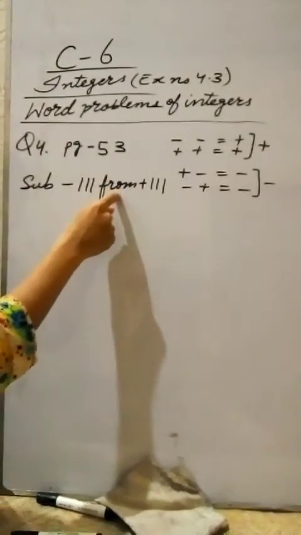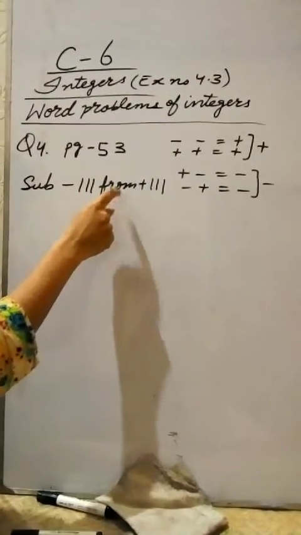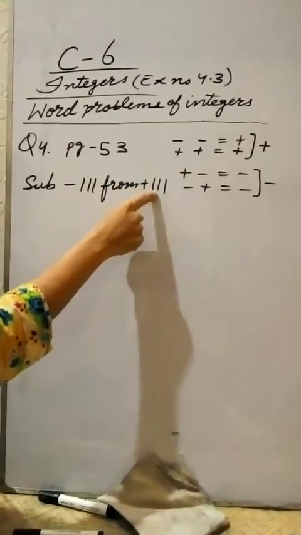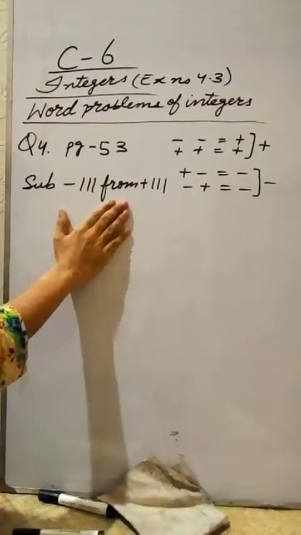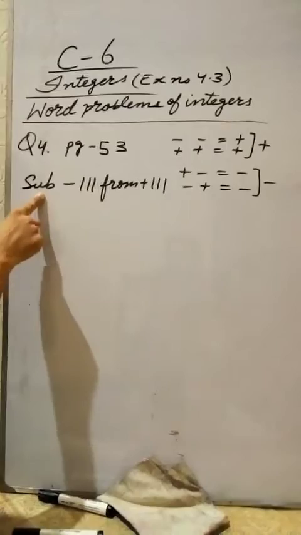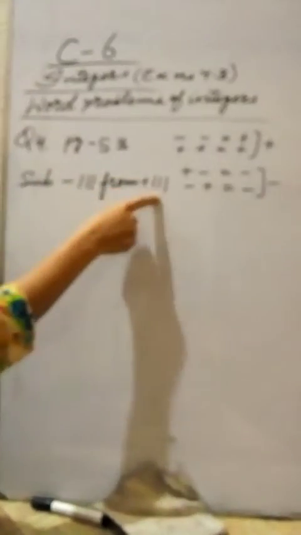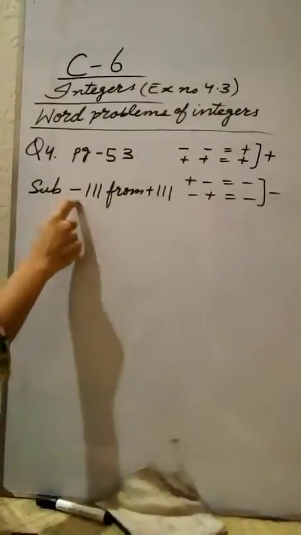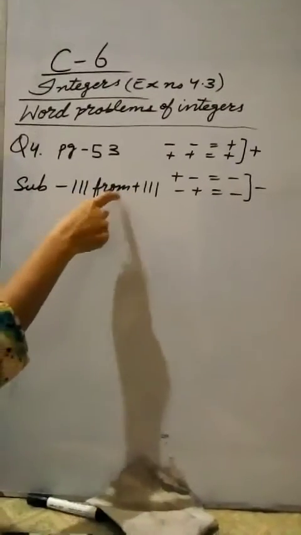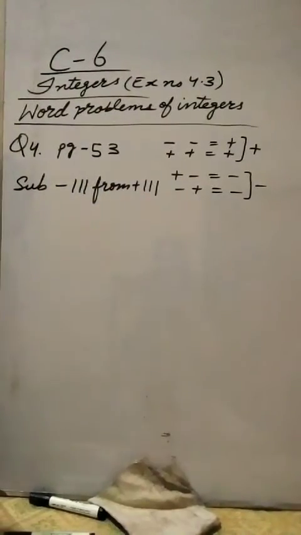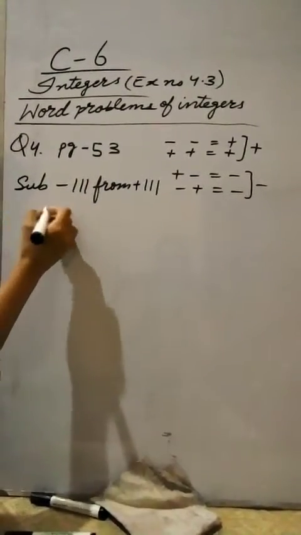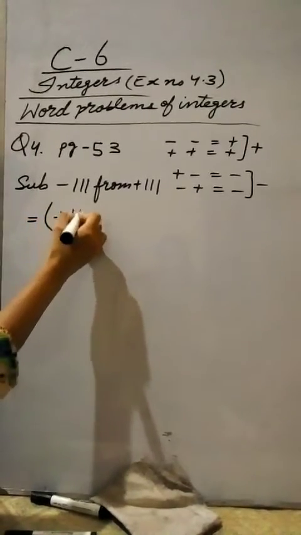"From" is the clue. When we have "from", it is the clue. Always write the from value first. This is the clue for higher grades also. When we have a question, subtract this value from this, it means we need to subtract this value from this. Always write the from value first. So write in bracket plus 11.